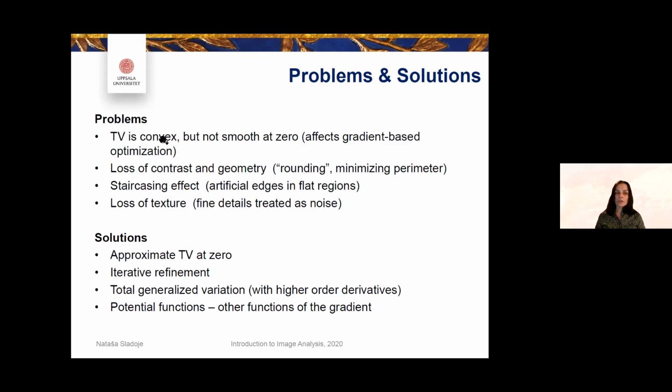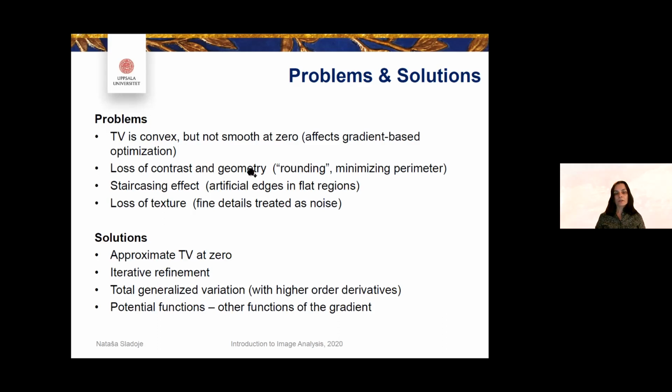Total variation is convex, but it is not smooth at zero. We noticed that peak that is characteristic for an absolute value function. This is a disadvantage compared to the L2 norm or Tikhonov regularization, which is quadratic. This property does complicate optimization, gradient-based optimization. So there are some issues that should be resolved there.